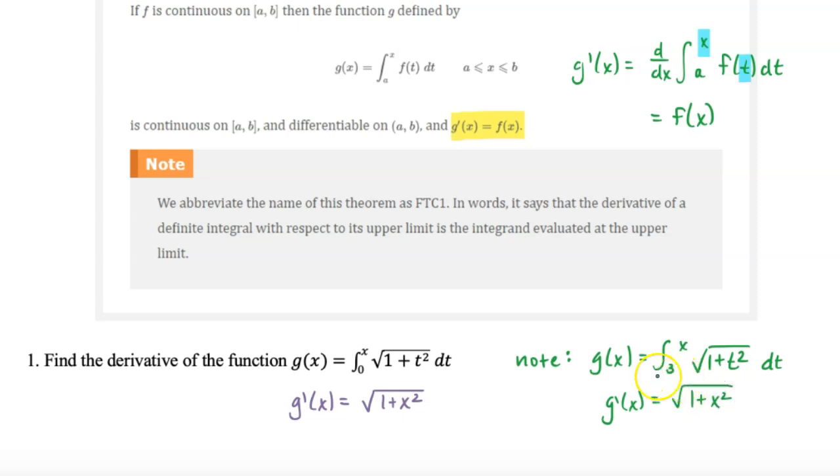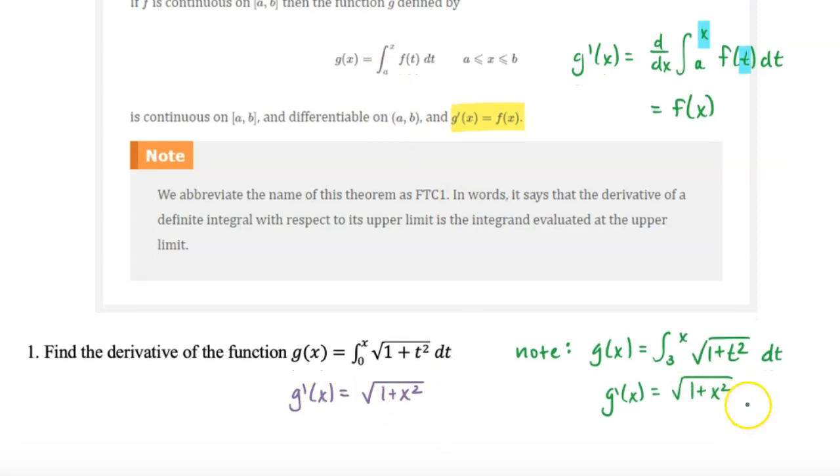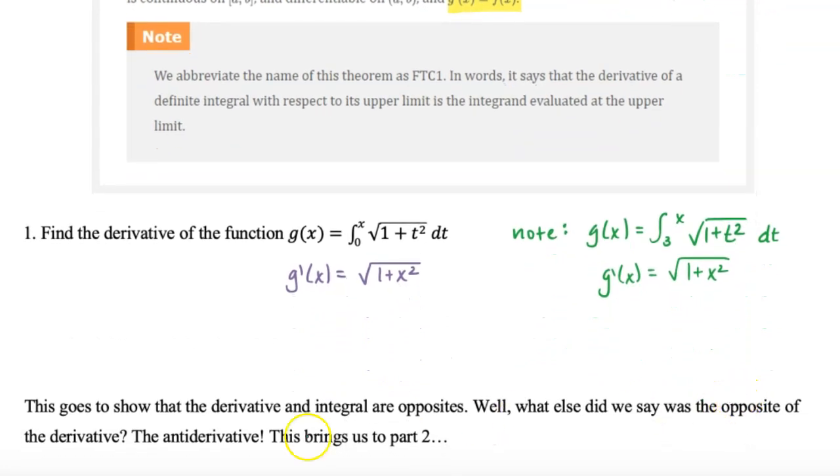So it just so happens that our lower bound is 0, but it doesn't have to be, because in this theorem, the lower bound is some a, which is just a constant. So this can vary, and it won't actually affect that derivative. Okay. So this goes to show that the derivative and the integral are opposites.